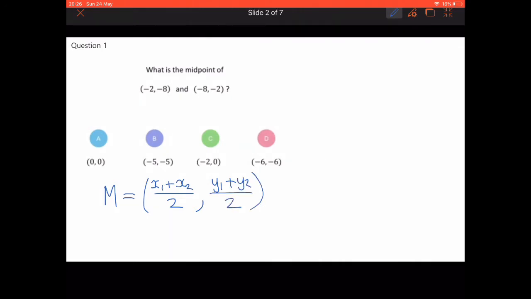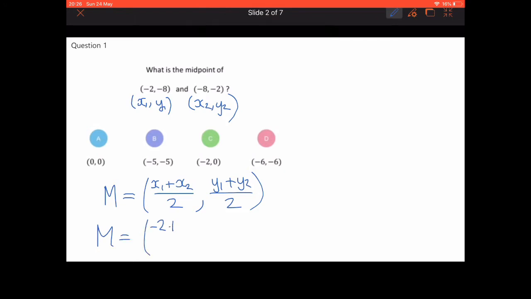So we take these coordinates and we'll call this one x1, y1 and this one x2, y2. We can plug them in. So the first one would be -2 plus -8 over 2, and the second one would be -8 plus -2 over 2.